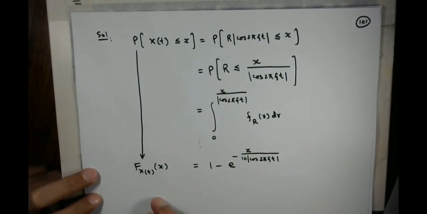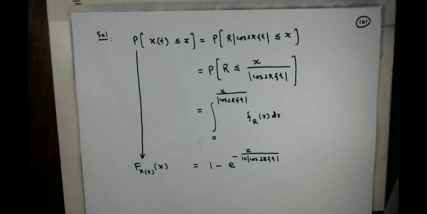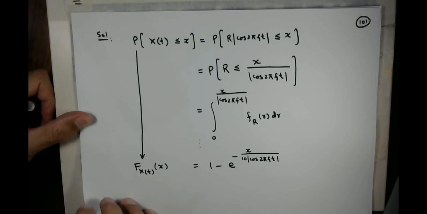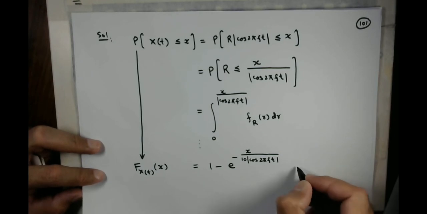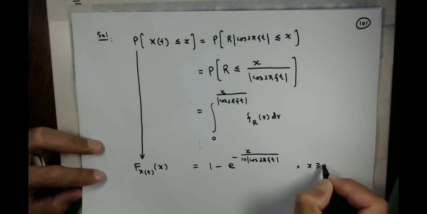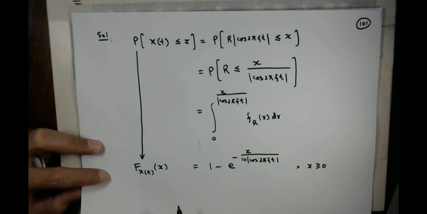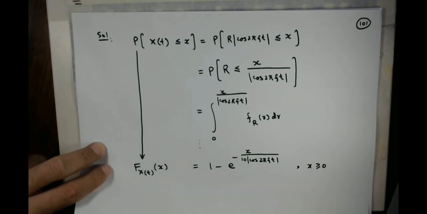So if you have the CDF of the process, you simply differentiate it and can find the PDF of the process. The CDF is meaningful in this range where x is greater than or equal to 0, and otherwise it is simply 0, so you don't even need to consider this.